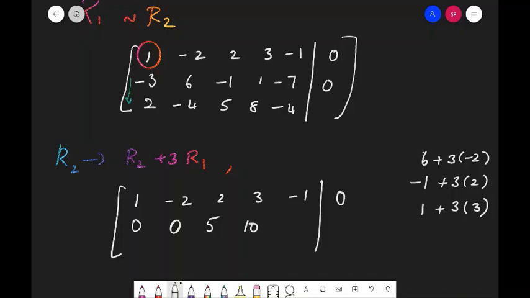And one more, -7 plus 3 times -1, which will give me -10, and this is anyway 0 because both are zeros. Now we have the third row.